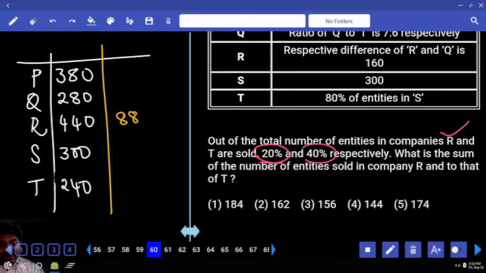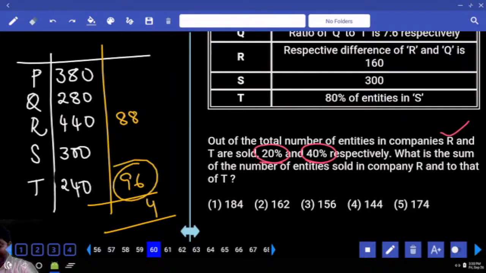And in T we have to calculate 40%, which is 10%, double. 10% is 24, double 48, double 96. Sum of both should end with 4. How many options are there? 3 options are there. So we have to calculate. To make this round figure, how much is required? Take 4 from here. How much is left over? 84. The other is 100. Answer 184.